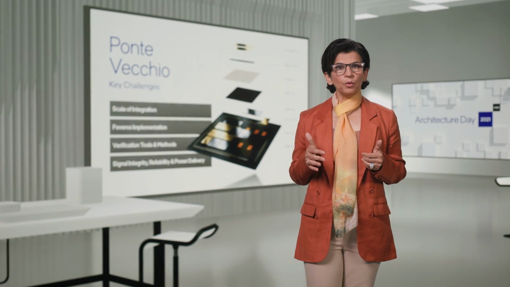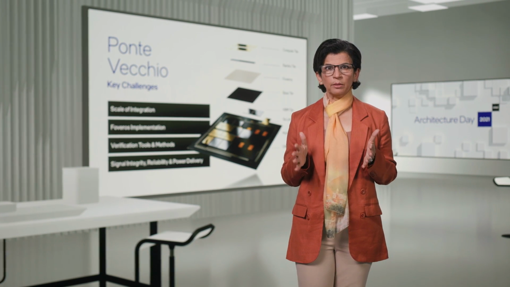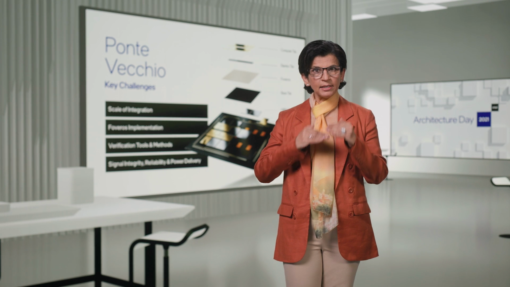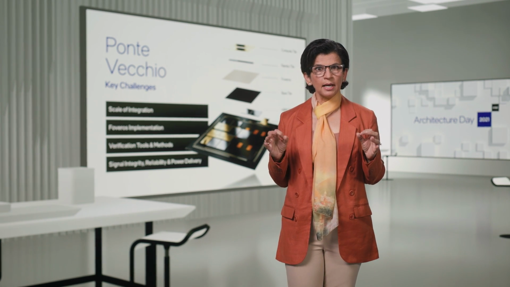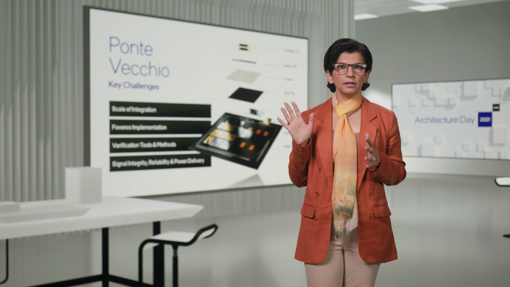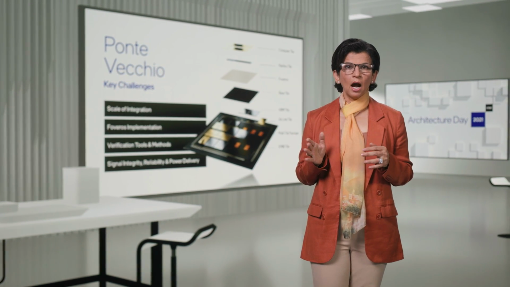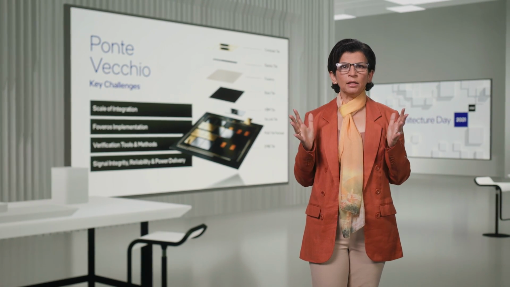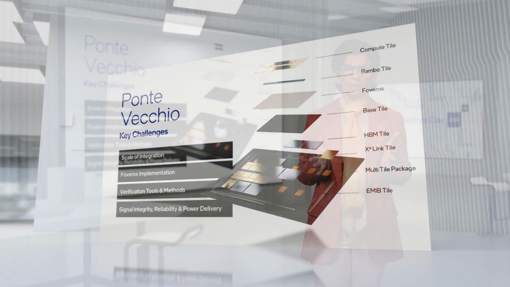Ponte Vecchio was new and novel in many ways, with a myriad challenges. While the multi-tile approach helped break down the problem into smaller chunks and provided flexibility, execution planning was orders of magnitude more complex. I want to walk you through a few big challenges from the many that we had on Ponte Vecchio.